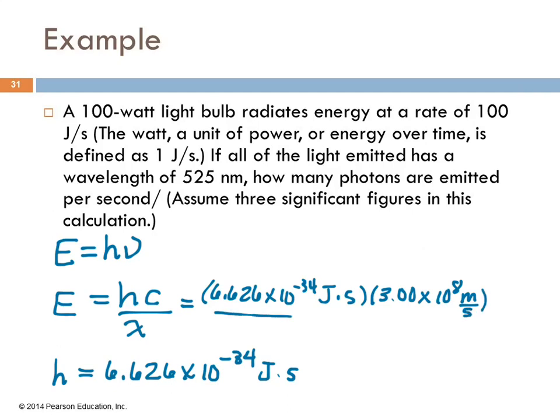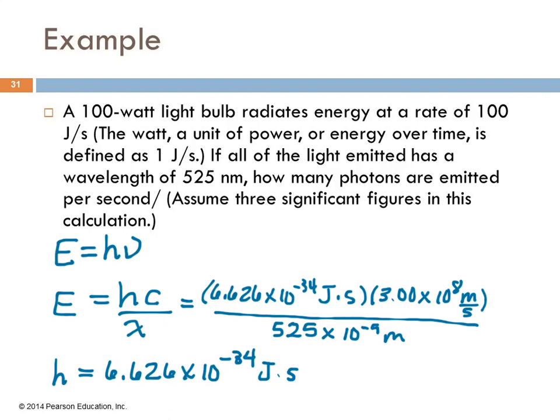And then we're going to divide that by the wavelength. The wavelength is 525 nanometers. Instead of writing nanometers, I'm going to write 10 to the minus 9th meters. So 525 times 10 to the minus 9th meters, because that's what nanometers is.